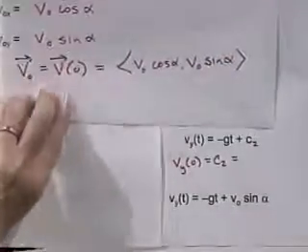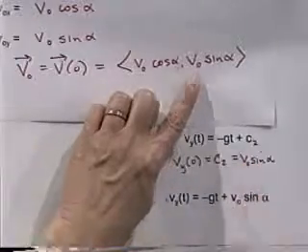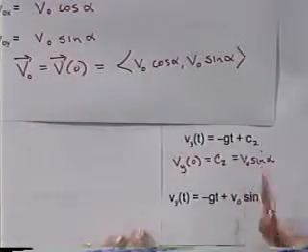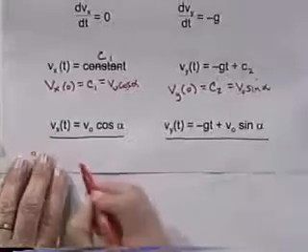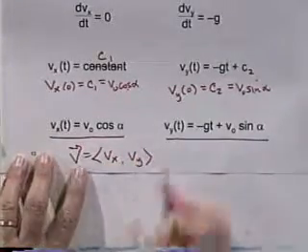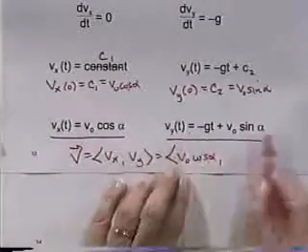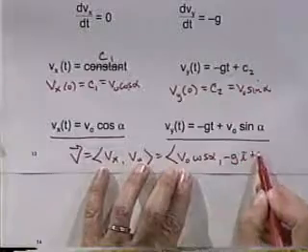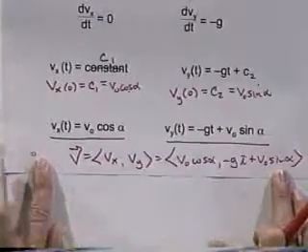But a few minutes ago, we evaluated initially at t equals 0, your y component was V naught sine alpha. So c2 is V naught sine alpha, and this is how we can represent Vy. Now notice, people, your velocity vector is your x component comma your y component. So my x component is V naught cosine alpha, and my y component is minus gt plus V naught sine alpha. That's my velocity vector.